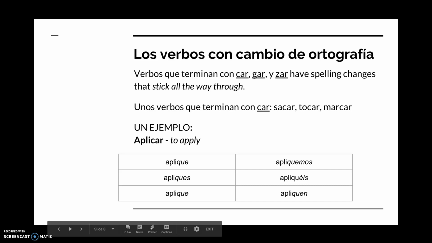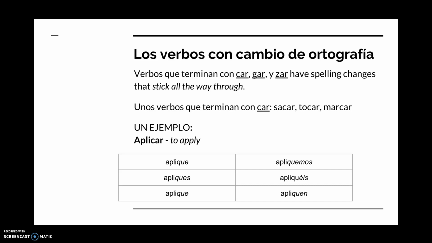So the verbs that we have here that end with car, we have sacar, to get, tocar, to touch or to play an instrument, and marcar, which means to mark or to dial if you're dialing a phone number. The verb from your vocab list that I chose to use as an example is aplicar, to apply. Now this really has to do with applying a concept or a principle.